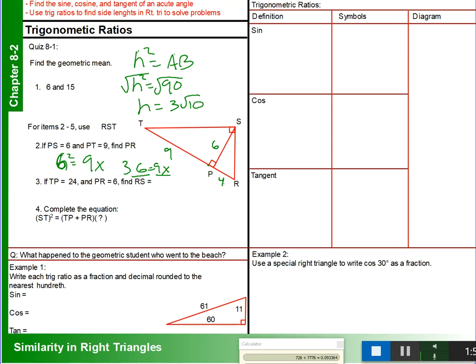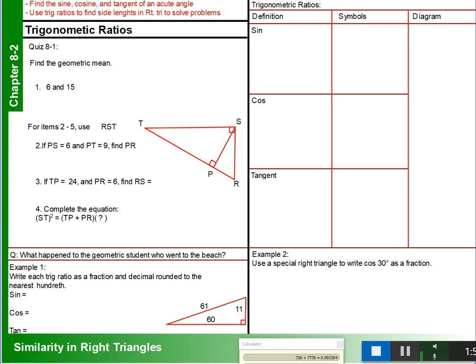For question 3, TP is 24, PR is 6, and we're to find RS. Okay, so if I call this A, we know that, let's call this C. Let's call this, oh, I don't know, let's call it B. So in this case, A squared is equal to B times C, right?